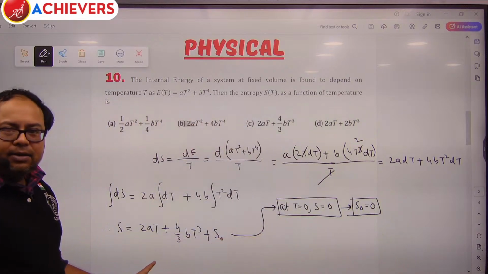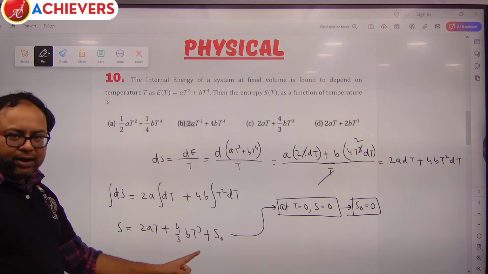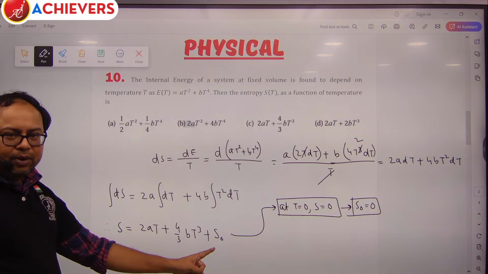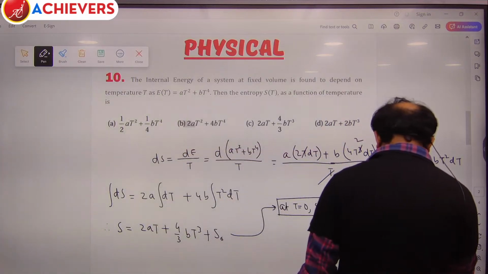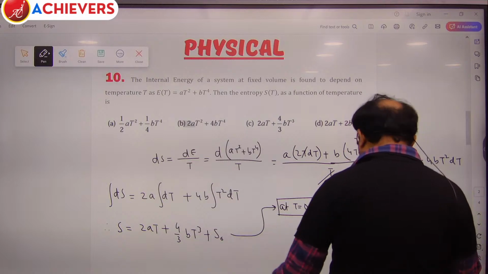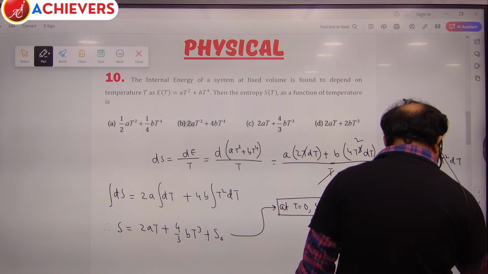Now, if S naught is 0, then S becomes 2at plus 4/3 bt cube.